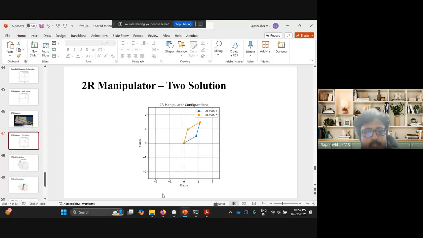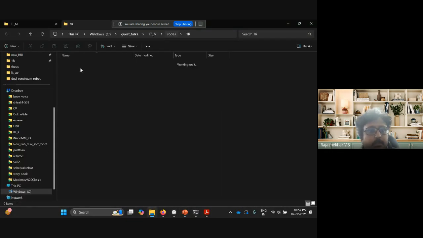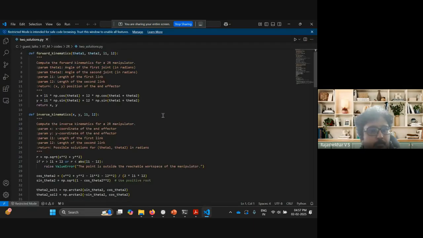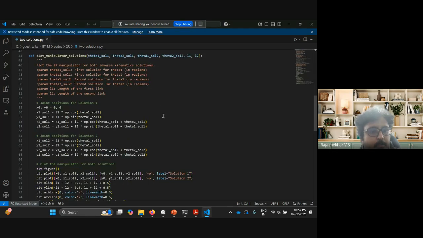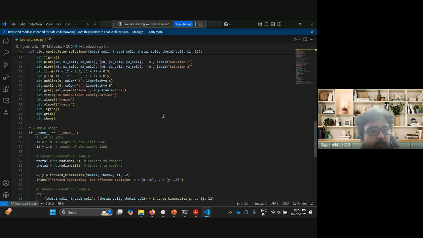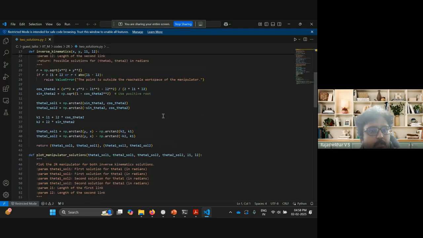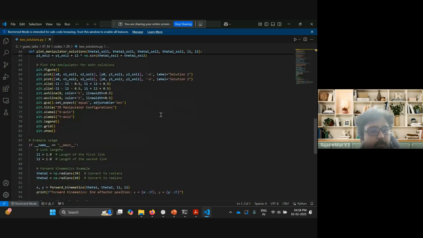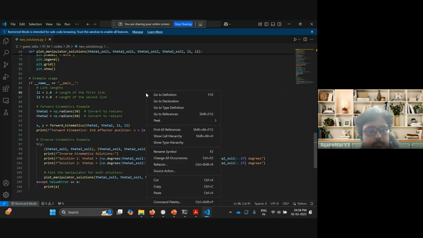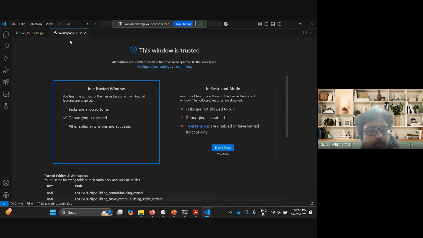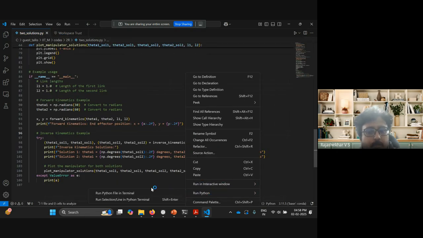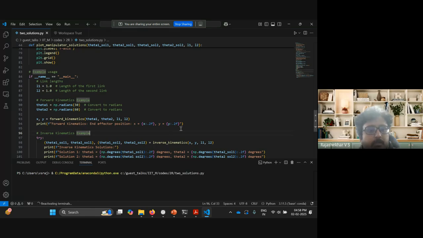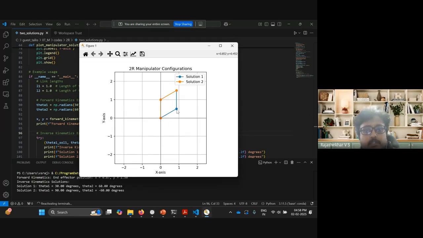So now we will see that in the code. Here, if you see, there are two solutions and it takes the solution like this.